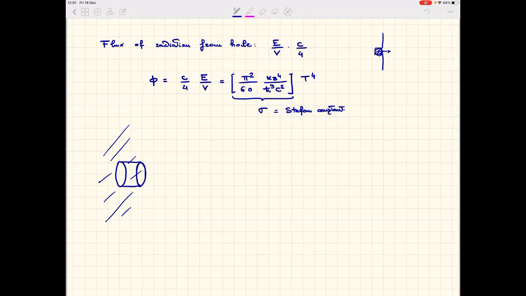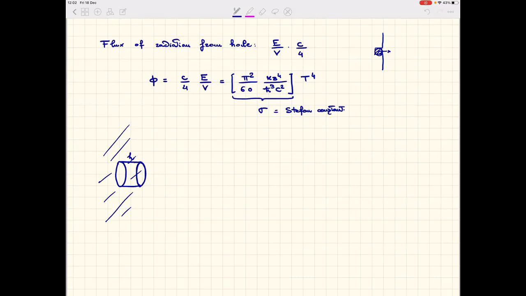Well, I essentially have to estimate what is the height of this cylinder. And the way I estimate the height of this cylinder is by estimating what is the average velocity of a photon in the perpendicular direction when it's getting out of the hole.